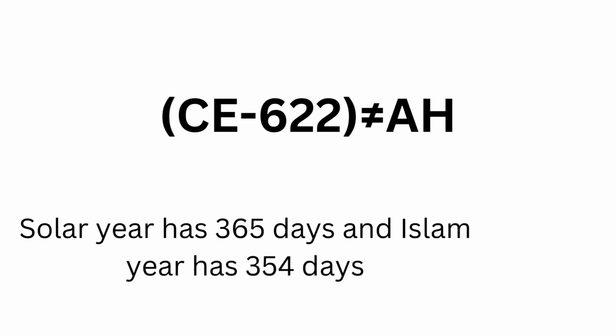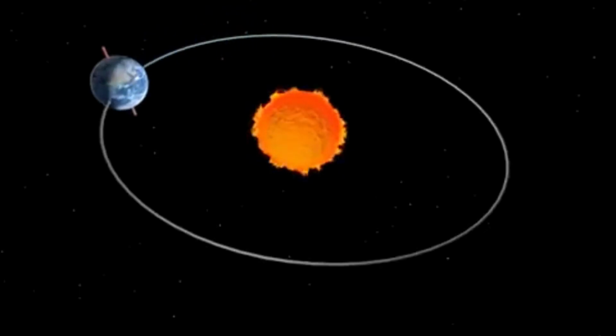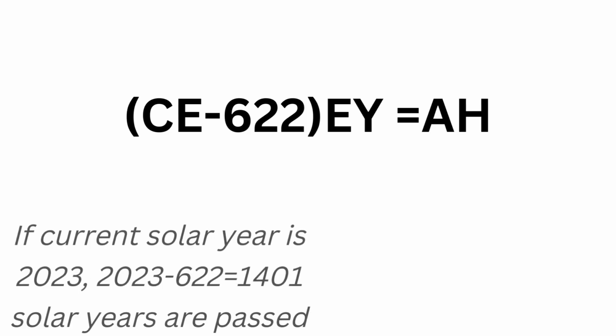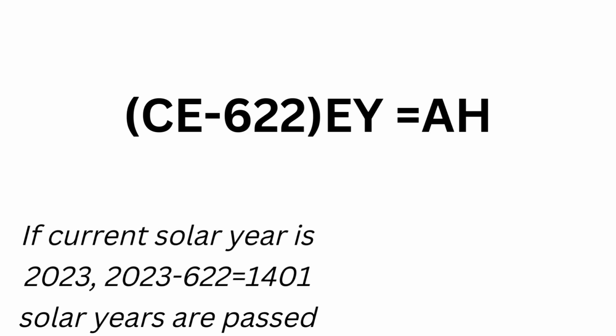It's not that simple. It's because Islamic year is a lunar year, not a solar year. And number of days in an Islamic year is 354, not 365. So subtracting 622 from current English year will give you English years past in between this span, not Islamic years.